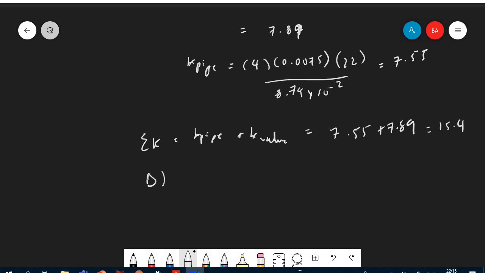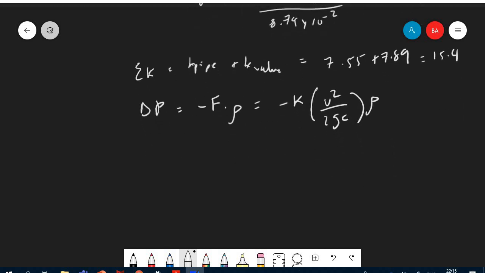Now to calculate delta P, which is minus K, of course, U squared over 2GC into rho. We have the K value, and the rest we already calculated before.